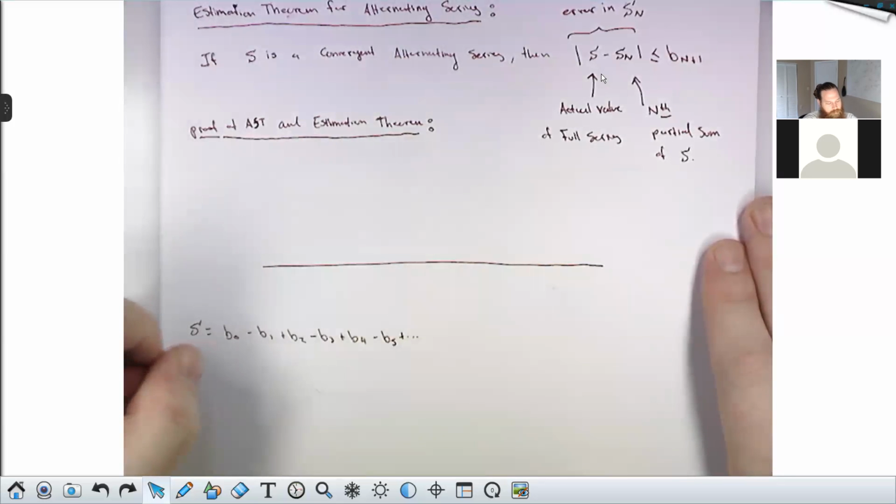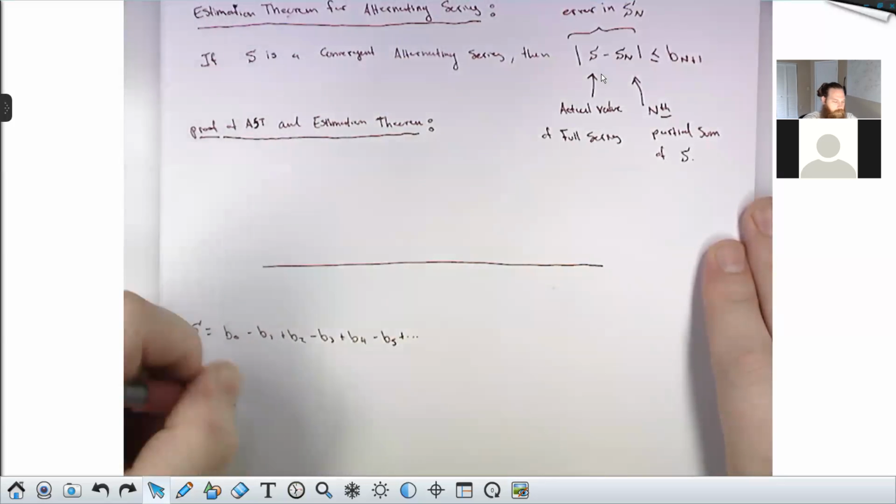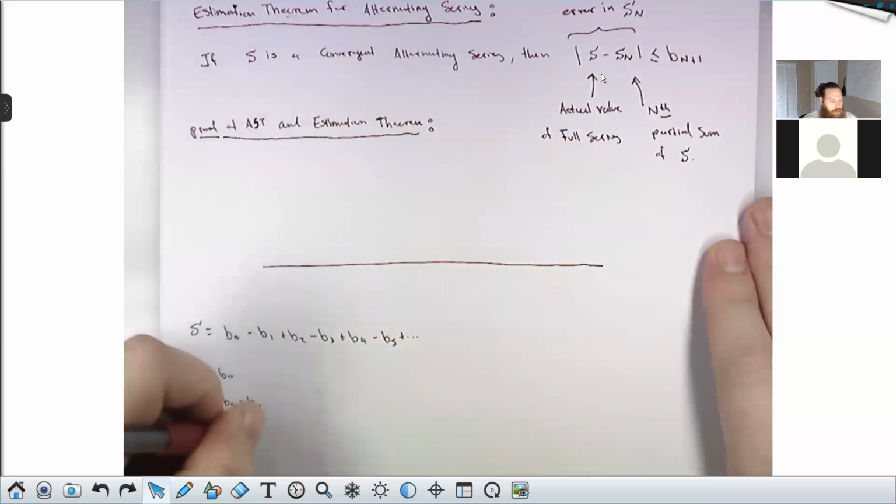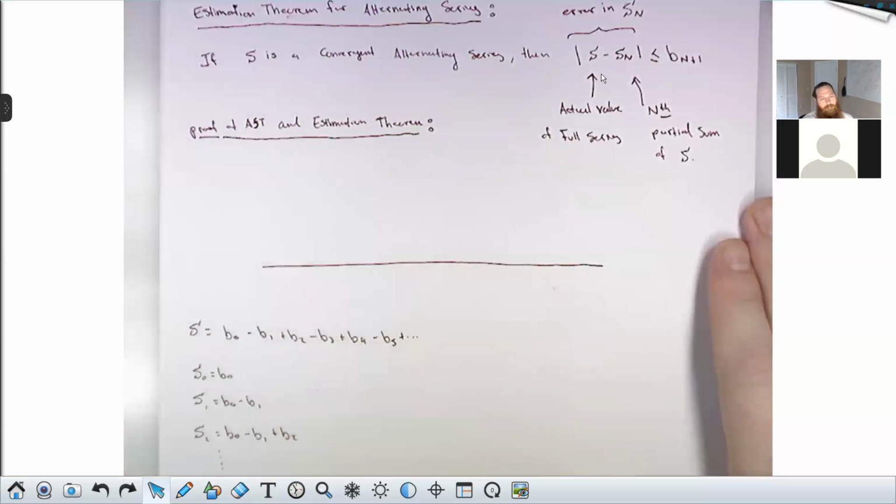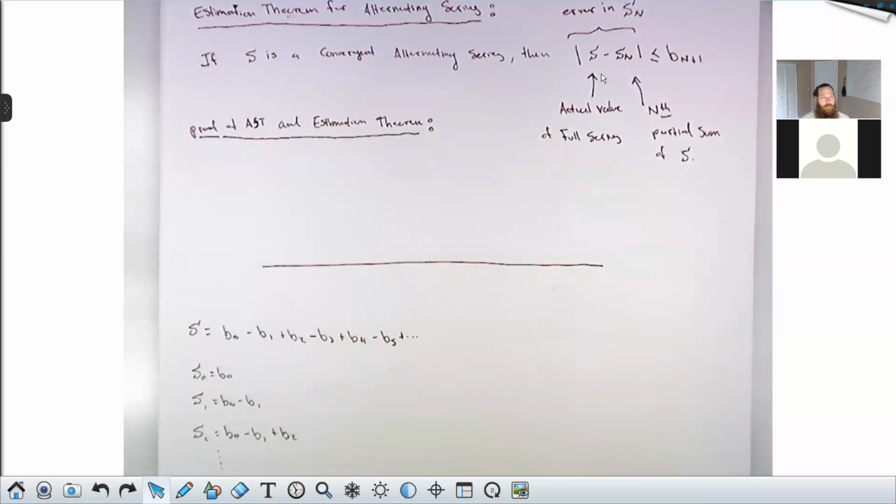So that S0 is B0, S1 is B0 minus B1, S2 is B0 minus B1 plus B2, and so on. So here's the full infinite series. It's an alternating series. And here's the first few partial sums.